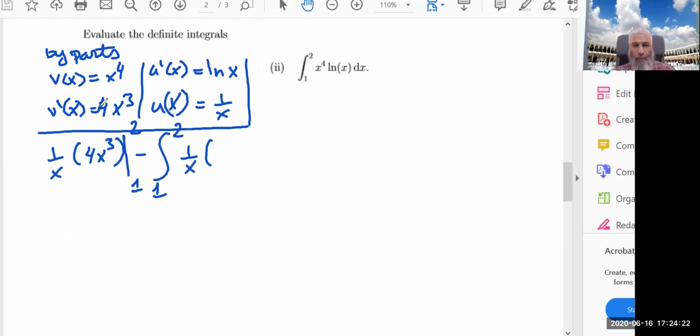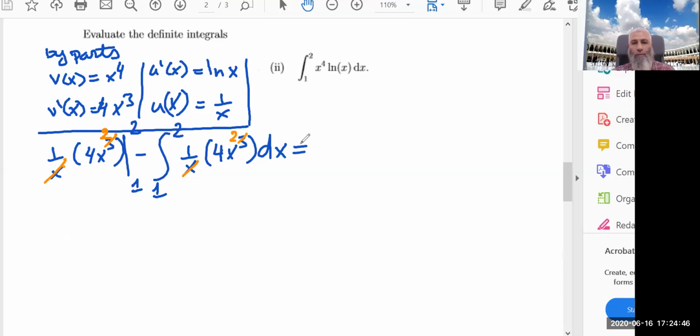Just a second. V dash, which is 4 multiply x cubed, right? Yes. So now simplify. We can simplify this x, and this will be power 2.